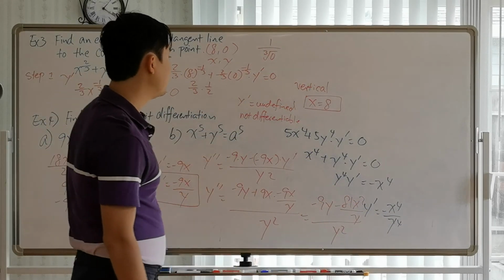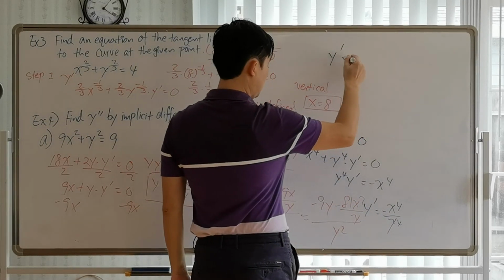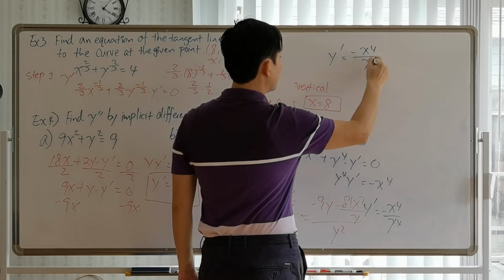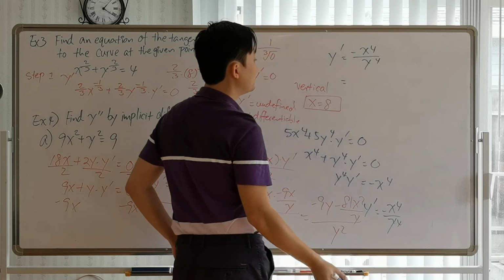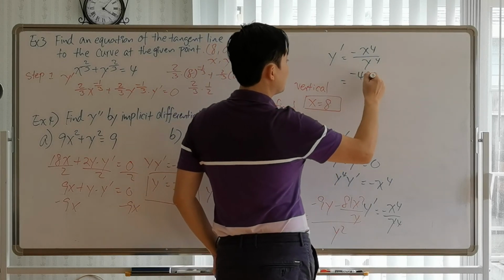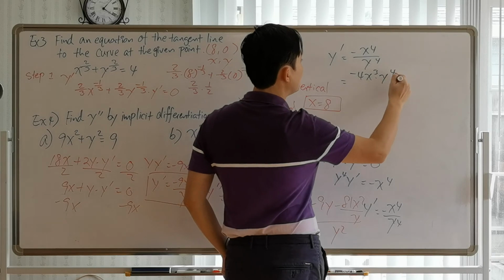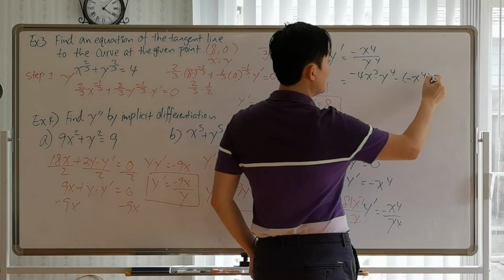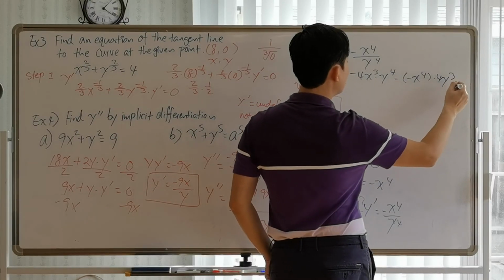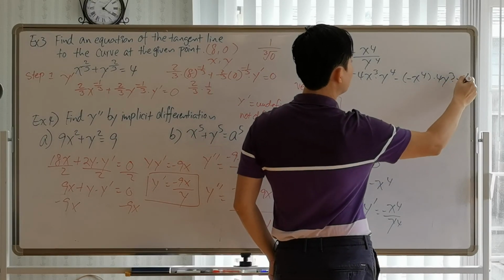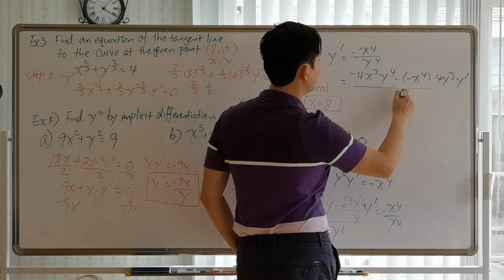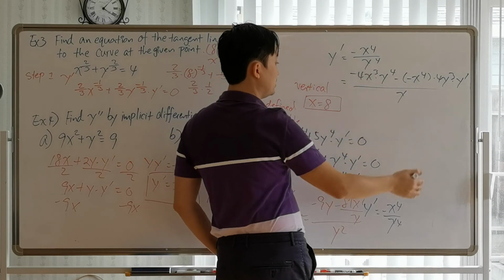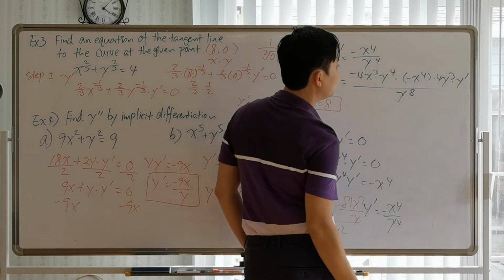And then from there, if you want to find the next derivative, that'll be using the quotient rule. So negative 4x to the power 3 times y to the power 4 minus negative x to the power 4 times the derivative of y to the power 4, which is 4y to the power 3, and then times y prime, implicit differentiation, all over y to the power of, well, you want to take the square of the whole quantity, y to the power 4, then that'd be y to the power 8.